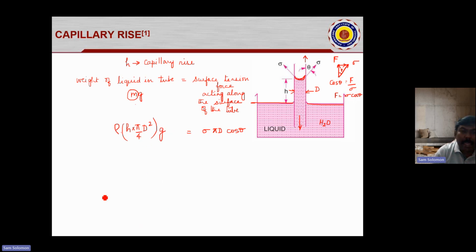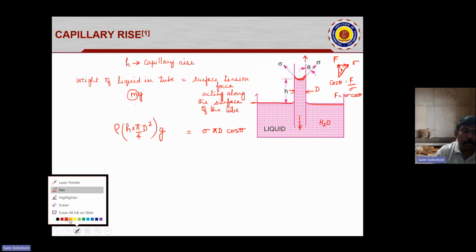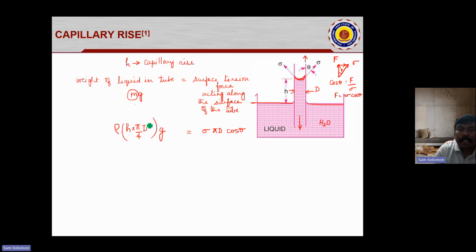Now I can cancel out some of the common terms on both sides. I can cancel out one of the d's over here, and I can cancel out the pi term. So what is left out is h is 4 sigma cos theta divided by rho g times d.